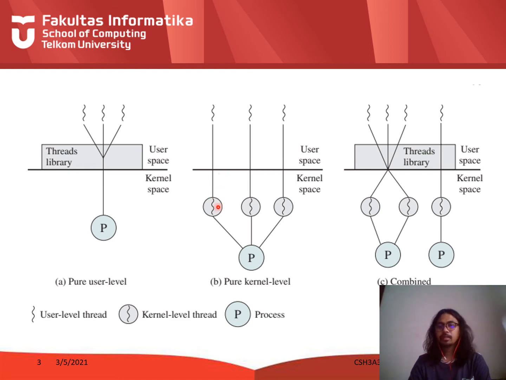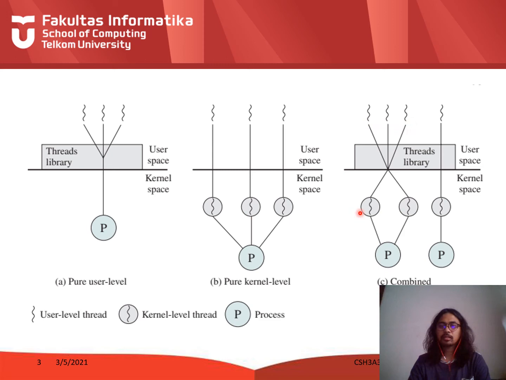And the last one is a combination of ULT and KLT. Here we can see there are two processes, and the first process only has one thread that is created in the kernel space and runs in the user space. But in the second one there are two threads created in the kernel space, which shows that this is KLT, and in the user space we can see that there are three.